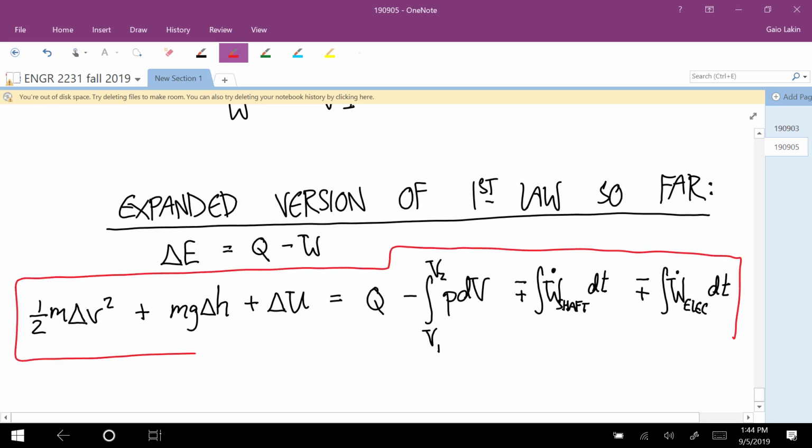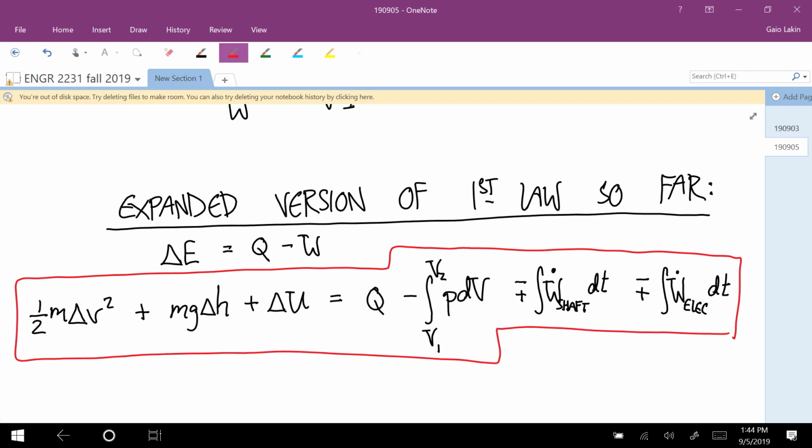Okay, this isn't the final form yet, because we still have to talk about internal energy and we have to talk about Q, but with everything that we've figured out so far, you could just plug what you know into this equation and it would work. Anybody have any questions about this yet? Okay, so one of the problems I'm going to assign asks you to use this new version to basically do another one of those sphere problems.